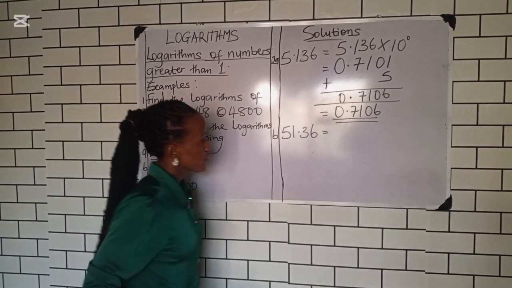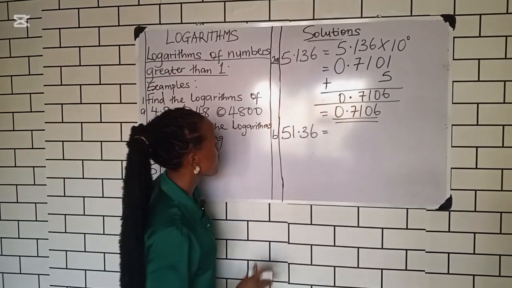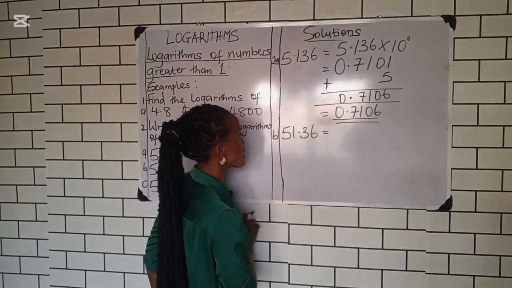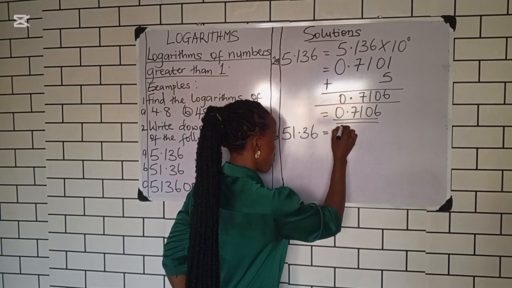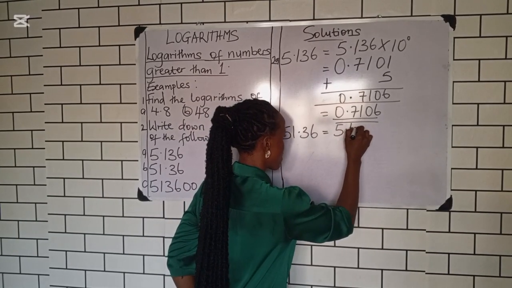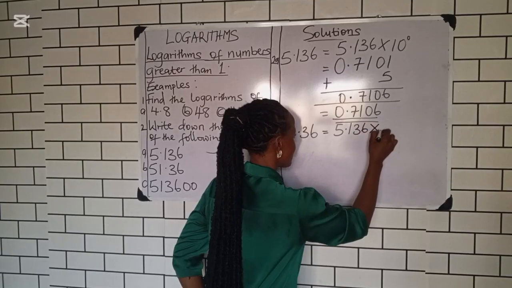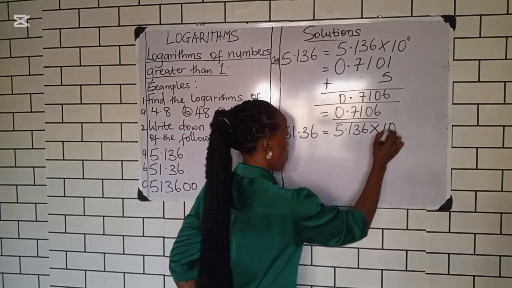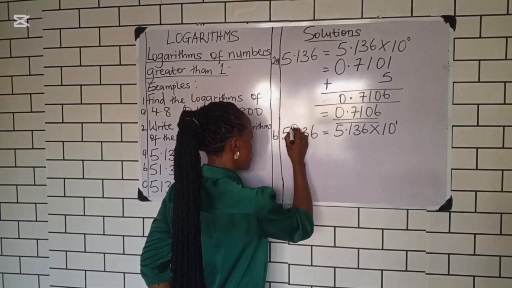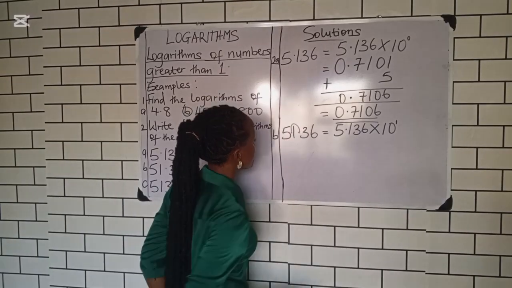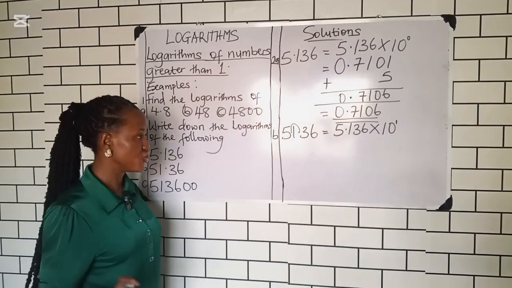Now, moving further to alphabet B, in question number 2, we have B is 51.36. Remember our method. First of all, write it in standard form so that we can get our characteristic part. Writing this in standard form should be 5.136 times 10 raised to power 1, because we are going to move this decimal point before the first non-zero digit.